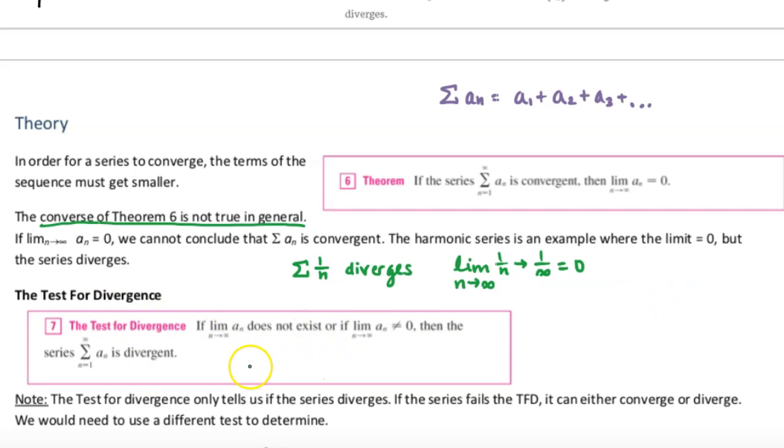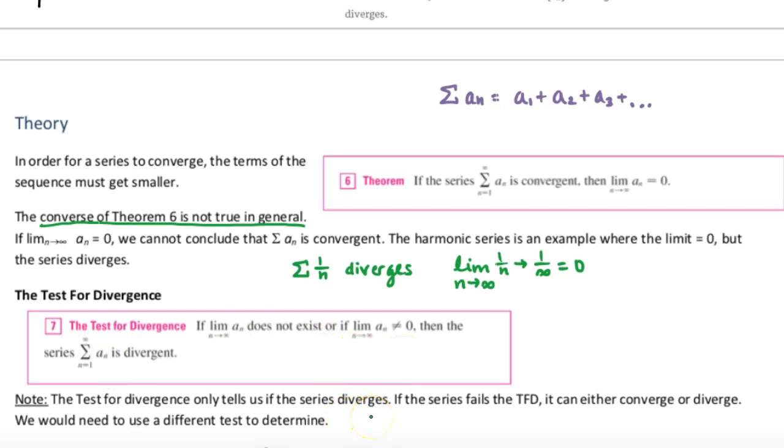This, in my opinion, is probably the easiest way that we can prove divergence. And so this is one of those things where, and we'll talk about this more as we go along and find more tests, I would go for the test for divergence first, because it's very easy to determine whether this a sub n has a limit of 0 or not.